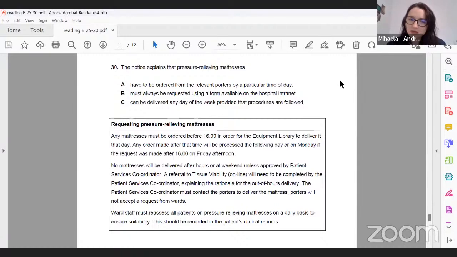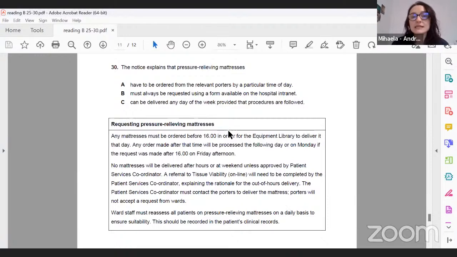Where is that in the text? That's why I'm saying I think it's A. Because they said the patient services coordinator must contact the porters to deliver the mattress. Porters will not accept a request from wards.